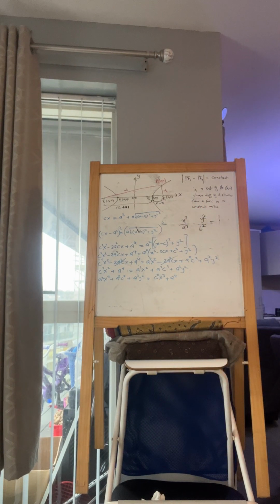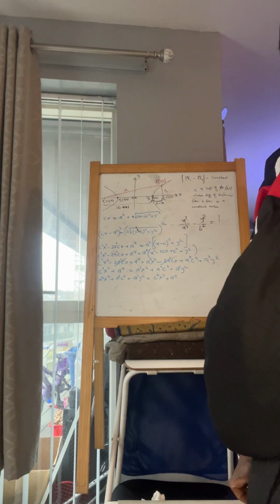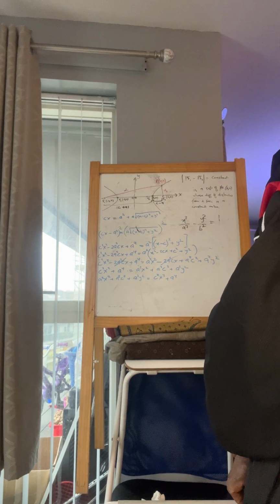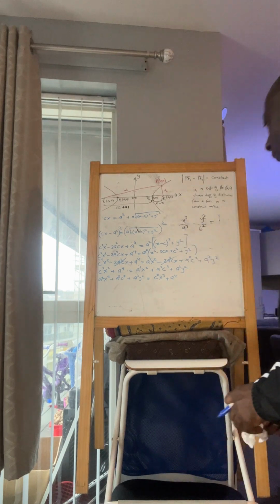Because what I'm trying to do, I need x upon a squared and y upon b squared. Does that work? Let's see.